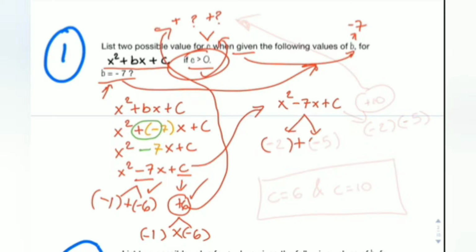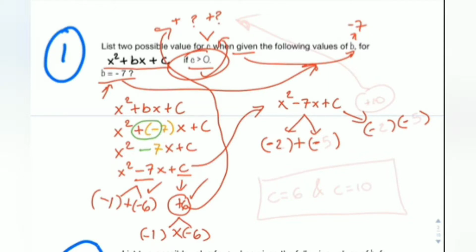So we know that they're both gonna be negative, and when you multiply they have to equal a positive.